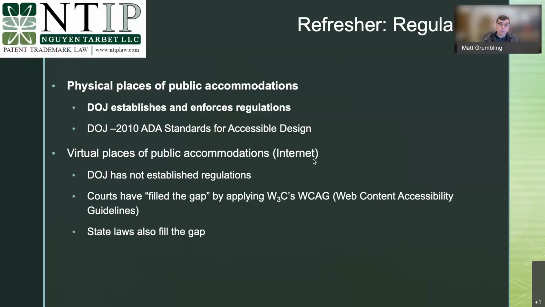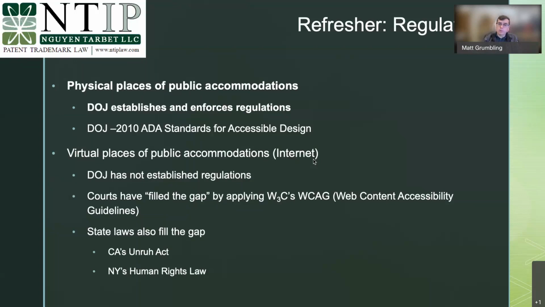There are also state laws that fill the gap. There's California's Unruh Act and New York's Human Rights Law, and there may be others. Various local governments may chime in here, and each one of them has a little bit different take on it.